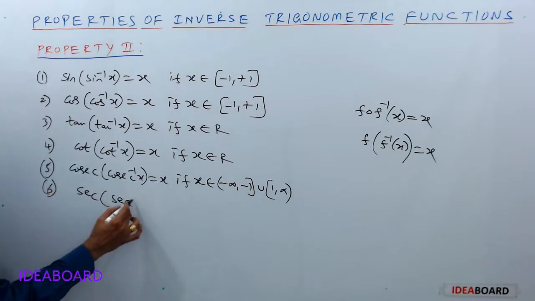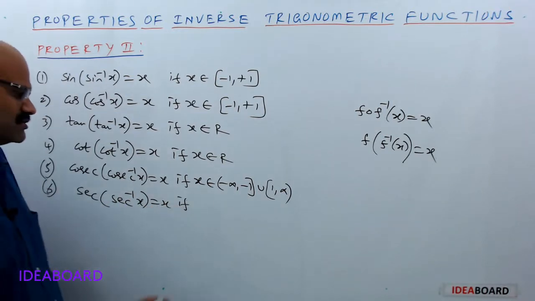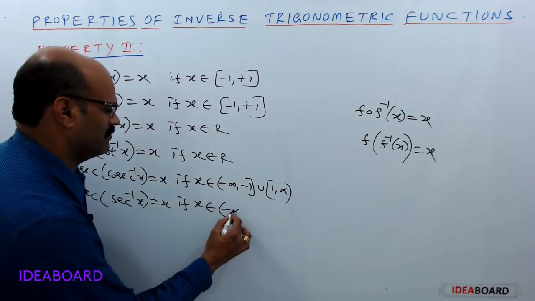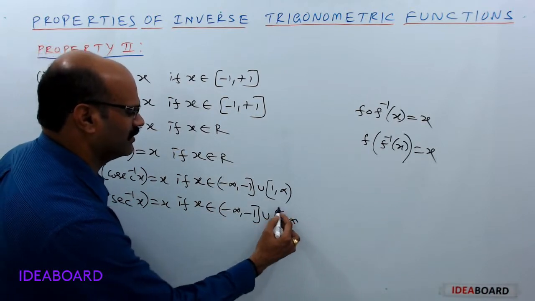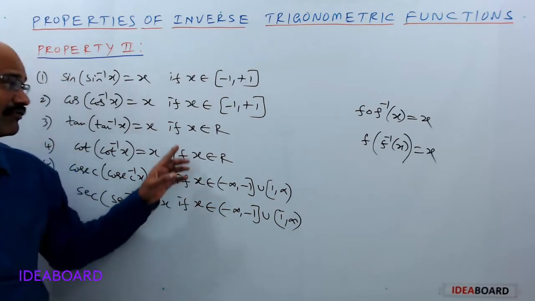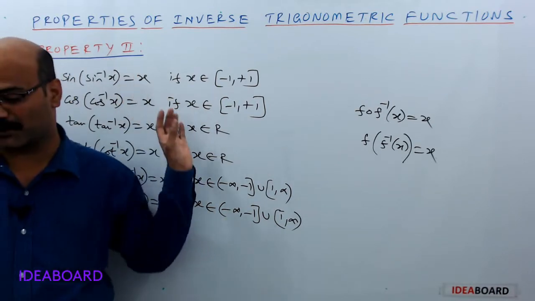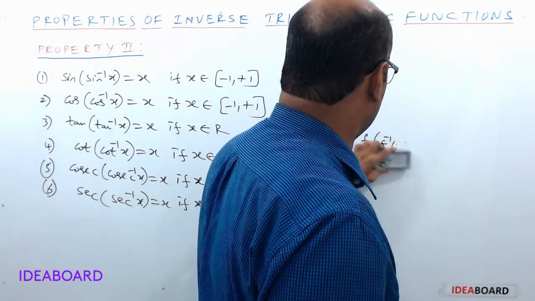Secant of secant inverse x equal to x if x belongs to minus infinity to minus 1 union 1 to infinity. Now we have to discuss how to solve problems based on this property. Let us discuss the problems now.